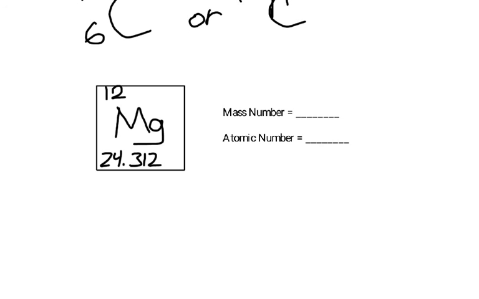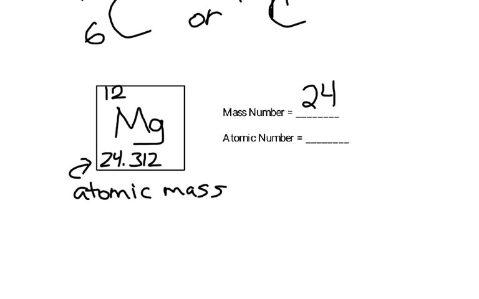Now, in order to get the mass number, you need to round this number to the nearest whole number, which in this case is 24. And then at the top is the atomic number, which is the number of protons. And that's basically the information you can get. There's a little more information than that, but for right now, that's all you have to worry about.